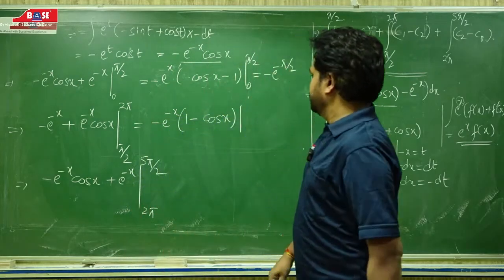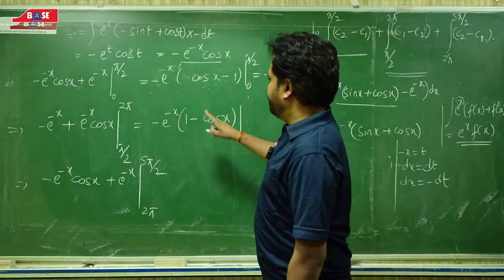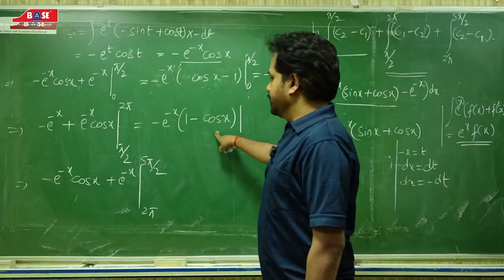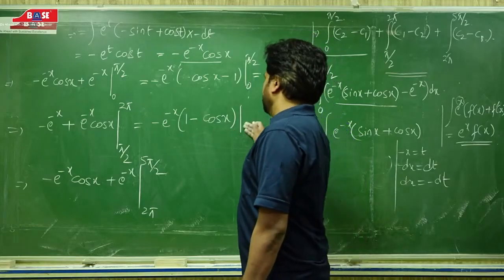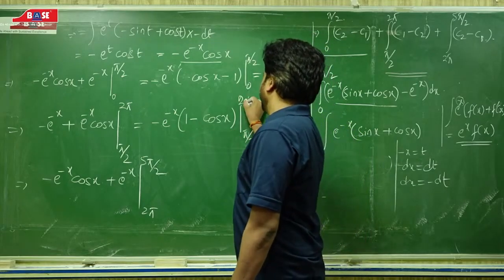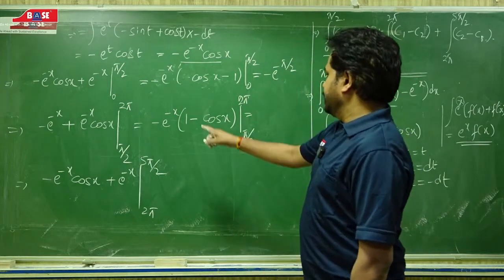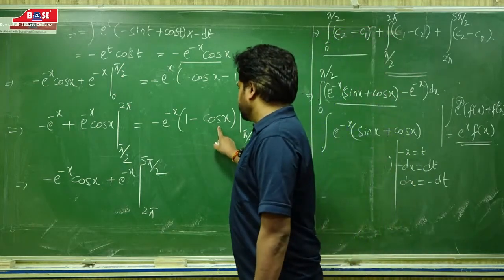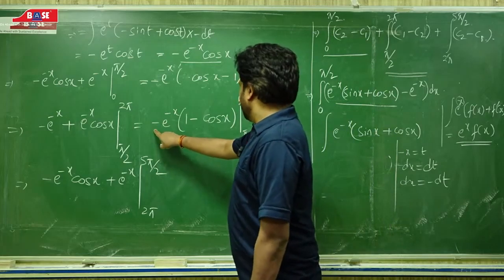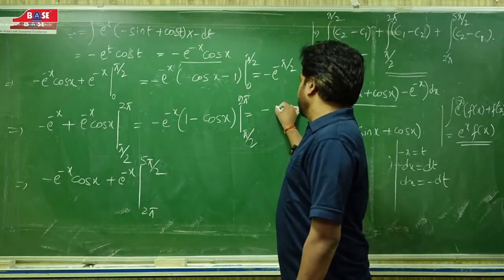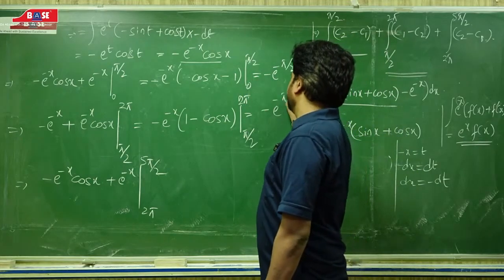So from here, putting the upper limit, this will become 1, so 1 minus 1 will be 0, so we only have to care about the lower limit. Upper limit minus lower limit, and the lower limit is what? This will become 0, this is minus, so minus of minus, it will become e power minus pi by 2, okay.